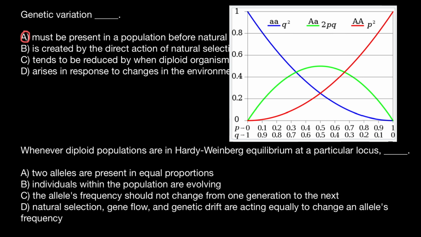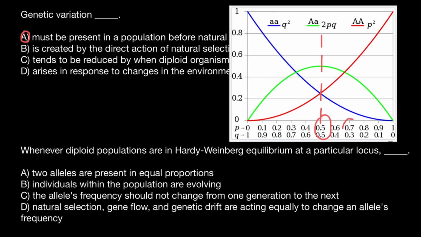For example, if the frequency of the two alleles is 50% each, then we expect the frequency of the homozygous dominant genotype to be about 25%, the homozygous recessive genotype also 25%, and the heterozygous genotype about 50%.